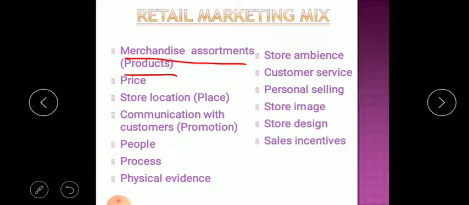Then the next one is price. Now what is this price? Price refers to the actual MRP at which the products are sold in the retail outlet. The retail outlet might be giving low services, and hence the cost incurred by the retail outlet is very low, as a result of which the price at which their products are sold is lower.